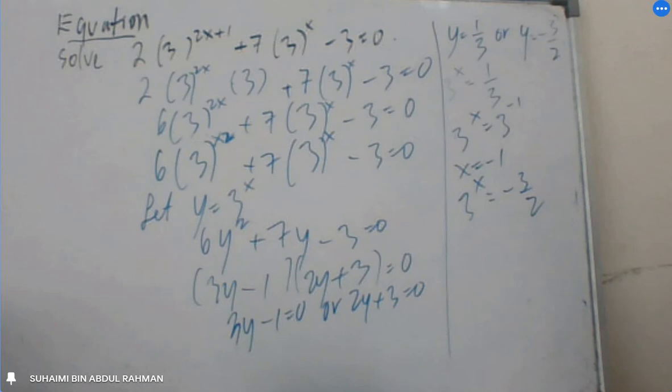Why? Because it's negative. Negative what? The 3/2 is negative. And 3 is positive. So a positive base being powered cannot be negative.